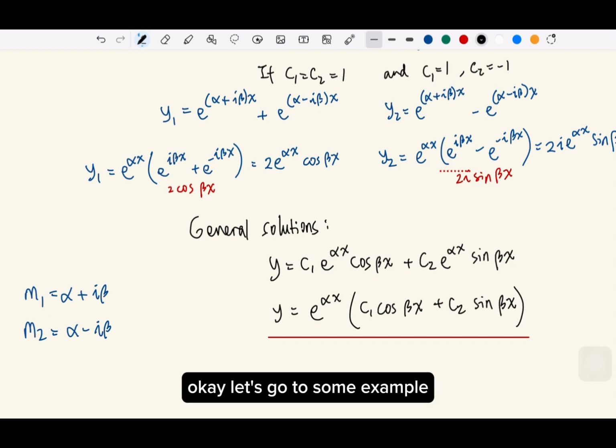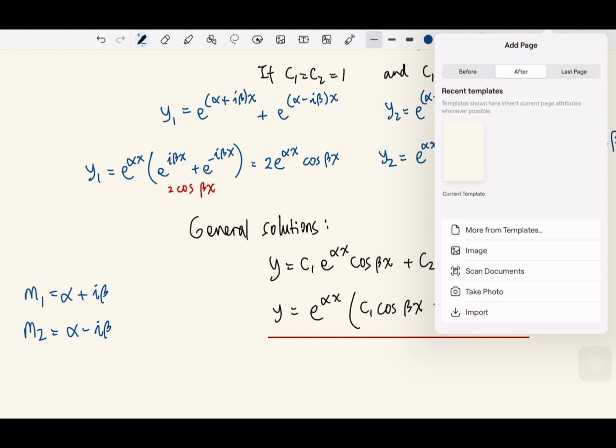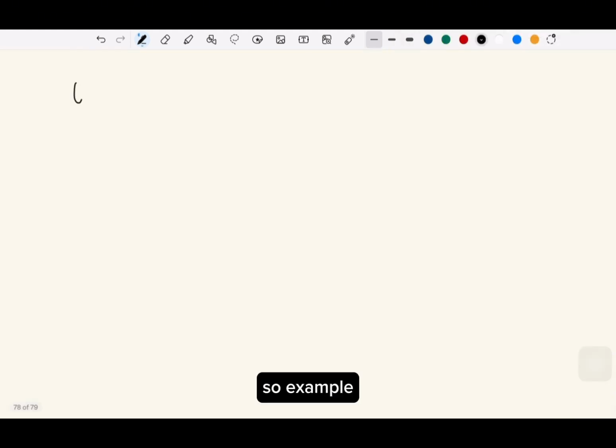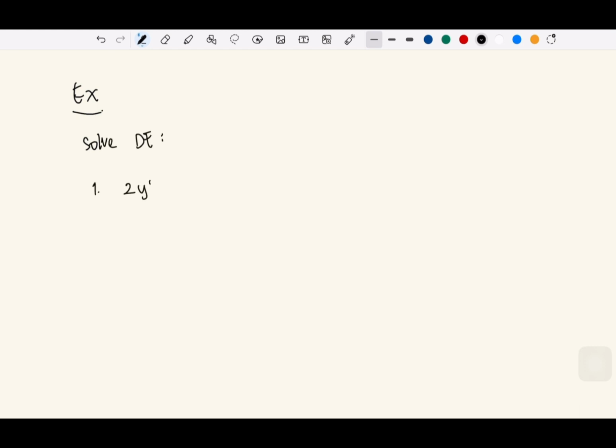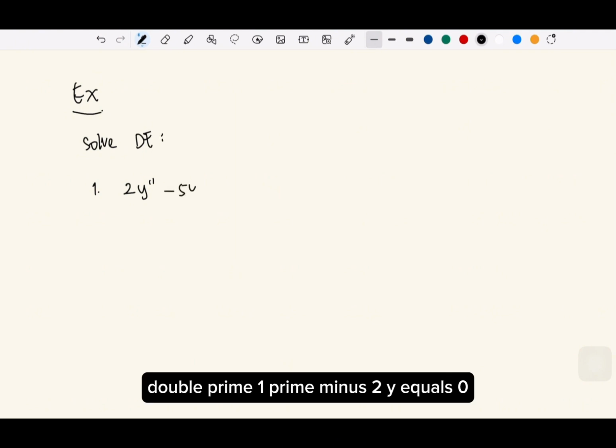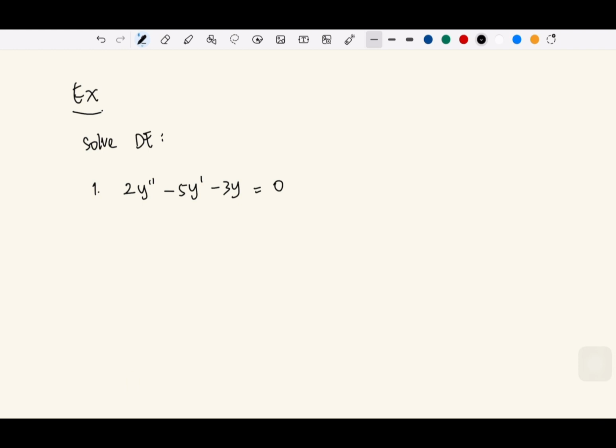Okay, let's go to some examples. Example: solve the DE 2y double prime plus y prime minus 3y equals 0.